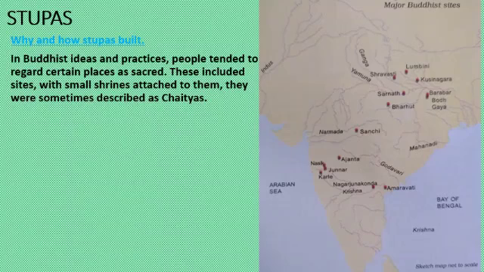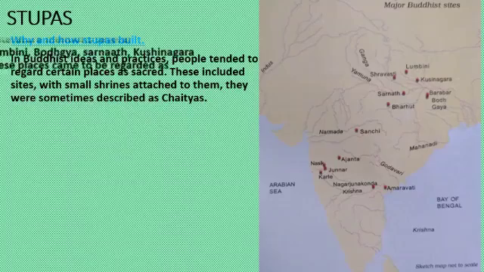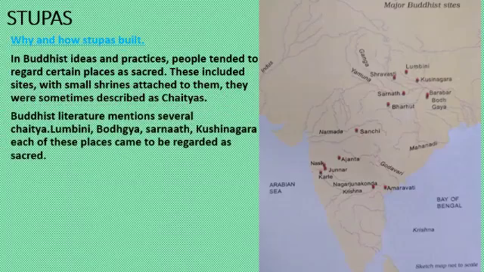In Buddhist ideas and practices, people tended to regard certain places as sacred. These included sites with small shrines attached to them. They were sometimes described as chaityas. Buddhist literature mentions several chaityas: Lumbini, see in the map, Bodh Gaya, Sarnath, Kushinagar.